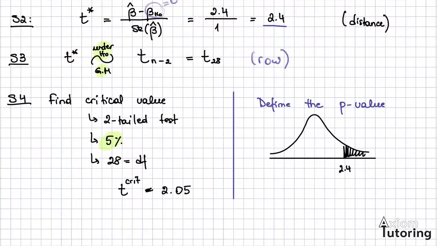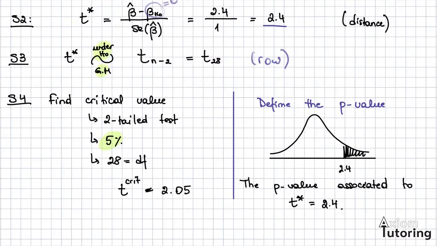So I need a p-value, basically, that is associated with the 2.4. So the p-value associated to the t star, which was equal to 2.4.